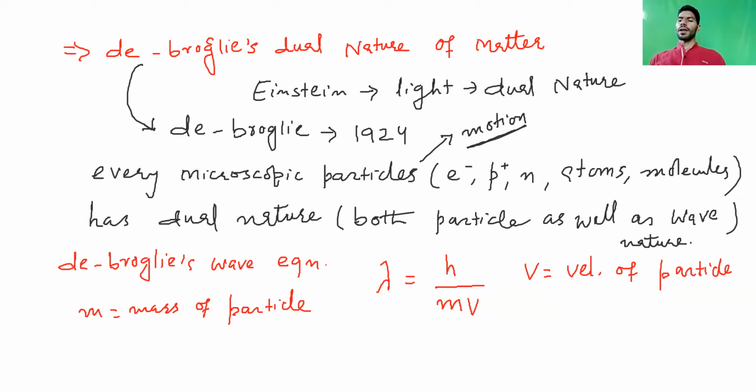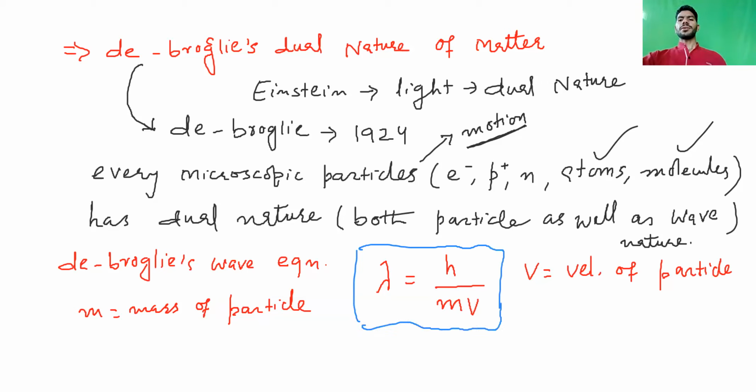So according to de Broglie, every microscopic particle which is in motion has both particle as well as wave nature, whether electron, proton, neutron, atom or molecule. This is de Broglie's wave equation, which is lambda is equal to h upon mv.